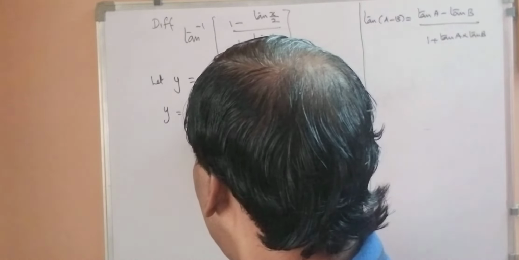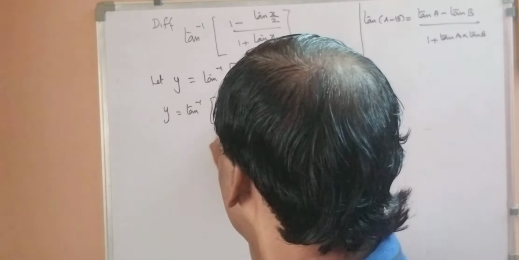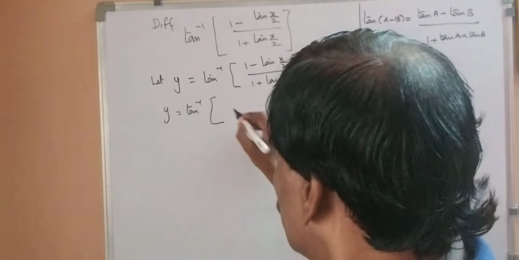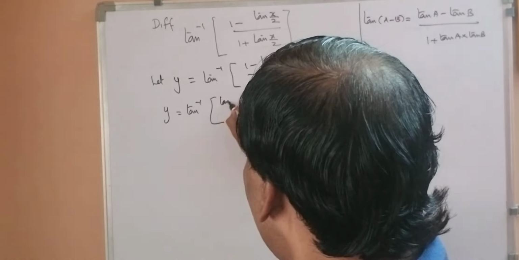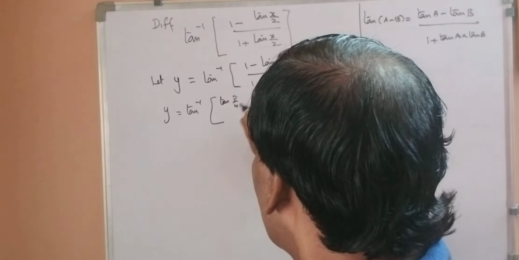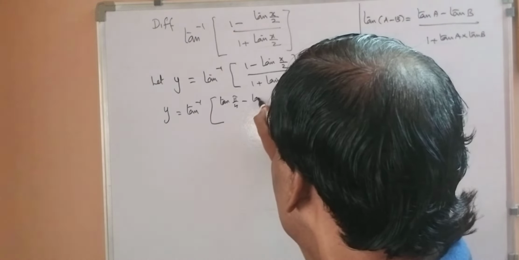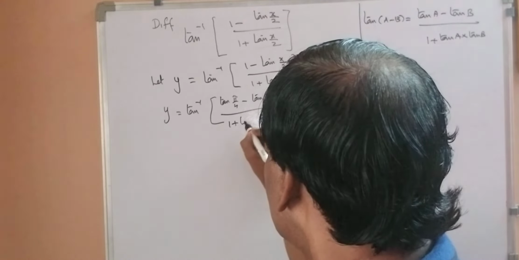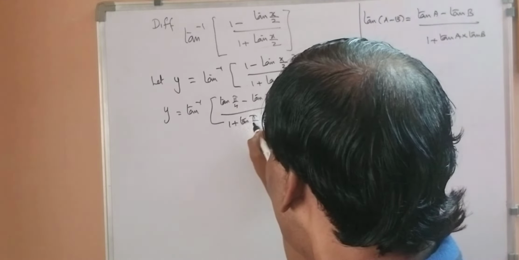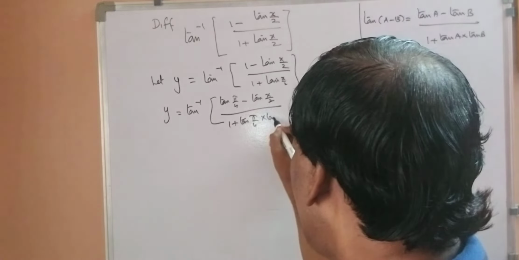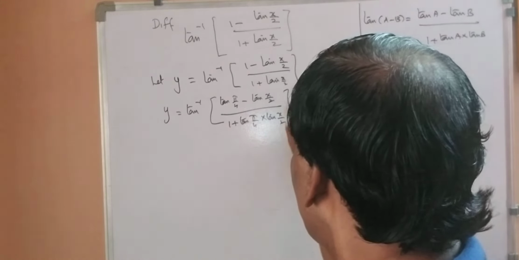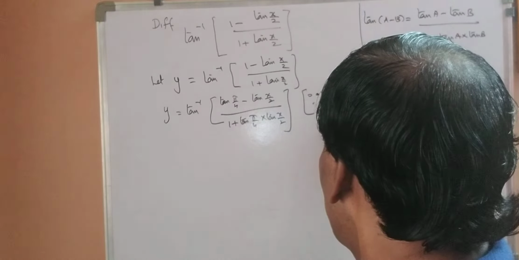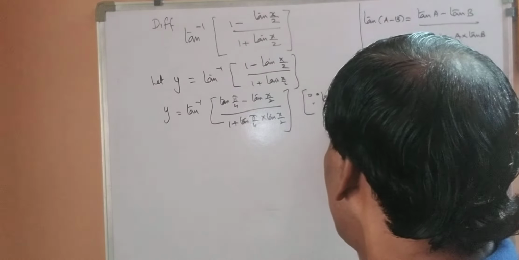See, tan inverse. What is tan 45 value? 1. So tan pi by 4 minus tan x by 2 upon 1 plus tan pi by 4 into tan x by 2, because tan pi by 4 is 1.